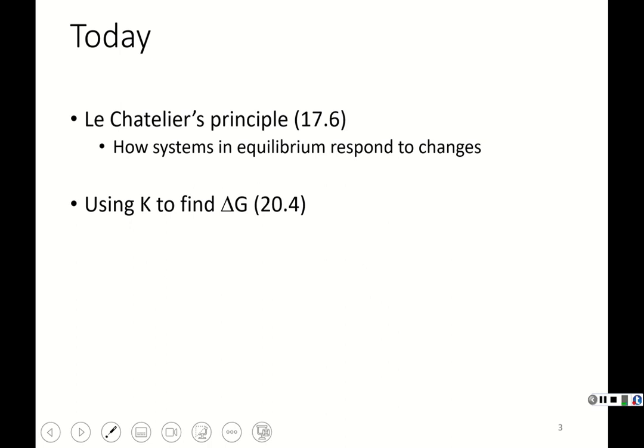And so this is why, just the order we do things in this class, we didn't cover section 4 in chapter 20 before, because we hadn't yet discussed equilibrium and the equilibrium constant. So this will make much more sense now that we've covered chapter 17.